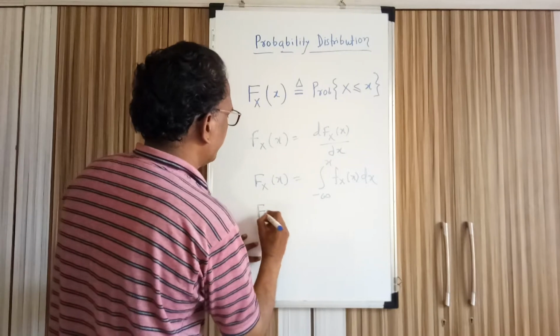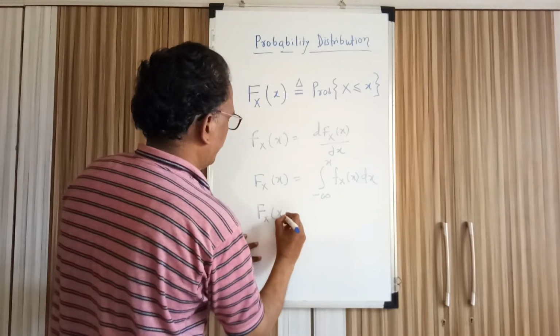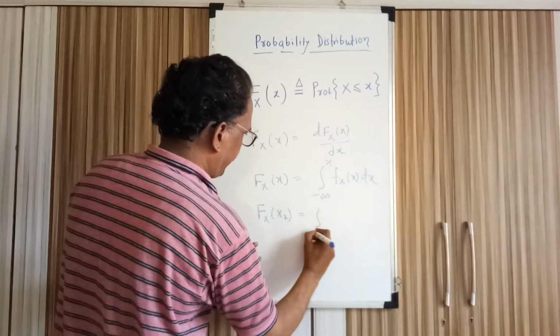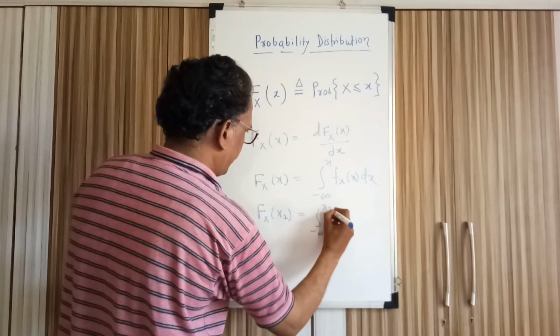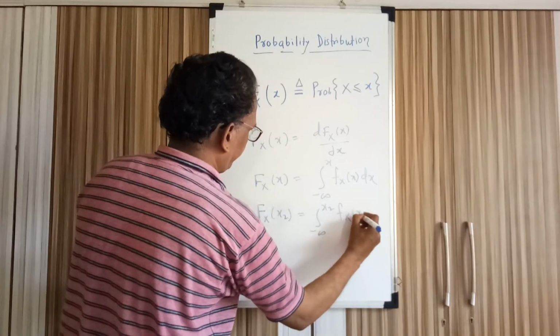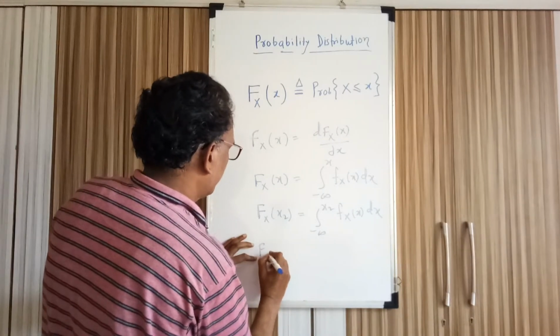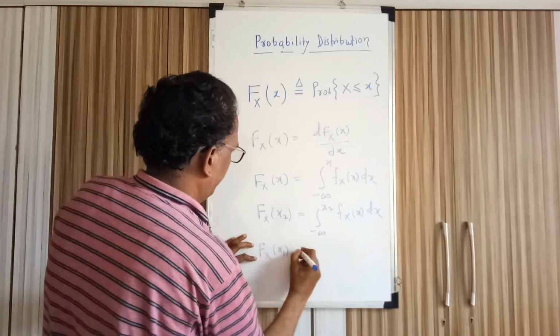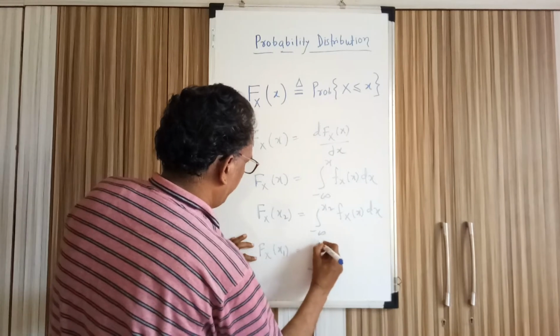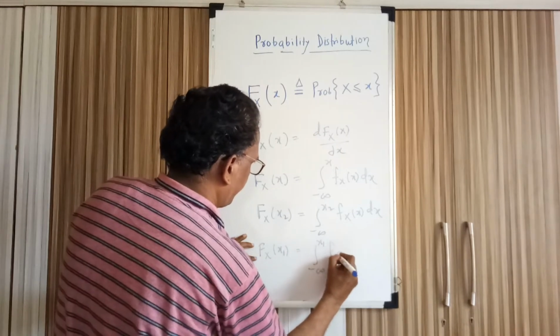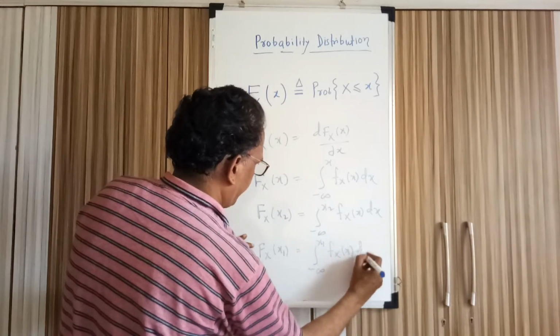So the distribution function evaluated at point x2 will be the integral from minus infinity to x2 of fx of x dx. And the distribution function evaluated at x1 is the integral from minus infinity to x1 of fx of x dx.